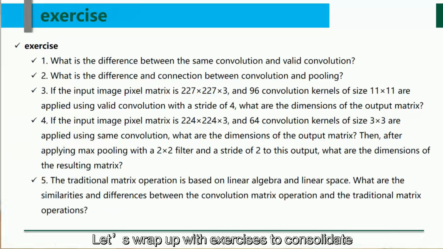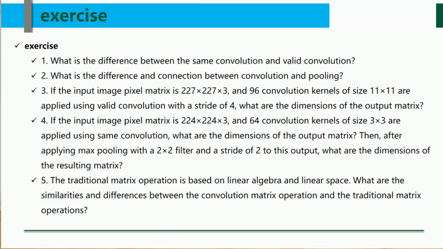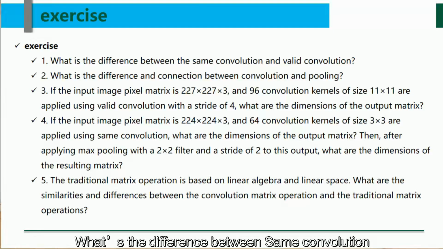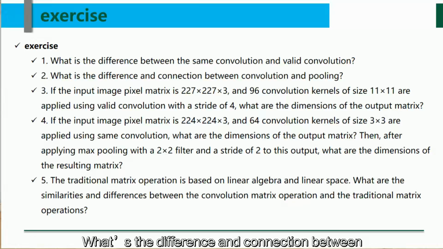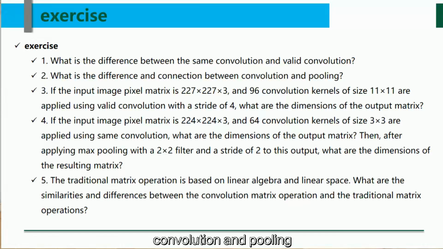Let's wrap up with exercises to consolidate what we've learned about pooling and convolution. What's the difference between same convolution and valid convolution? What's the difference and connection between convolution and pooling? If input is 227 multiplied by 227 multiplied by 3, and we use 96 11 multiplied by 11 kernels with valid convolution, step 4, what's the output dimension?